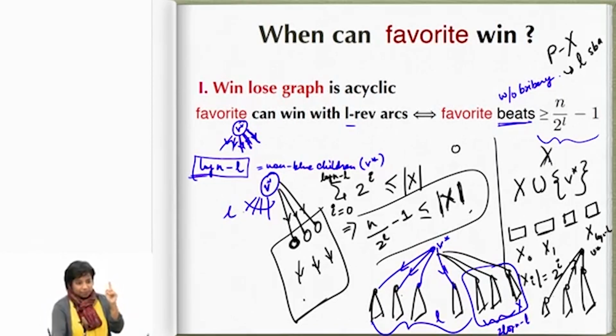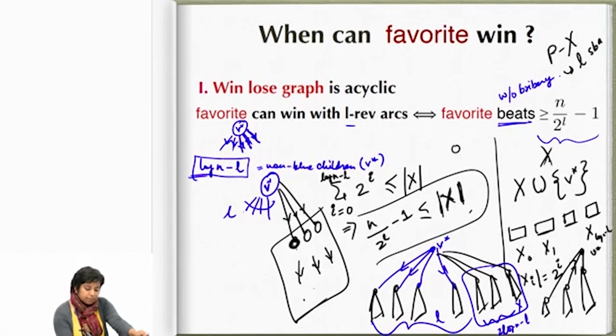So in the forward direction, when I was arguing this case, you have these edges here, right? These are all black edges, meaning these are all the original edges. So if the parent of V star beats the root of this subtree, it means, because there are no cycles in this graph, V star sits to the left of each of these roots.